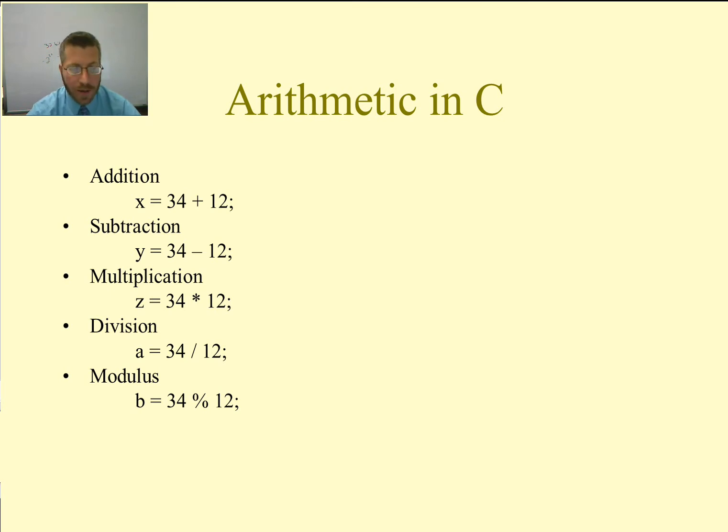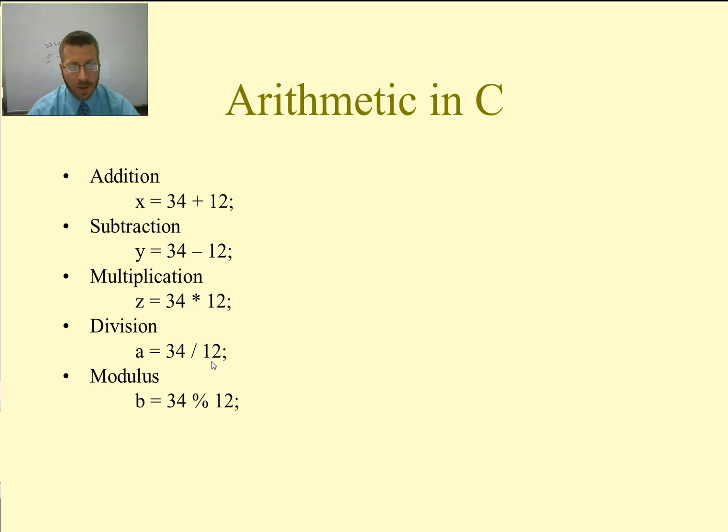If we are dividing using integers, that would mean either a short, an int, or a long. When we perform the division, we will not end up with a decimal. We will only end up with the whole number part. So looking at the division portion there, where I have a equals 34 divided by 12, this is going to return to me 2.